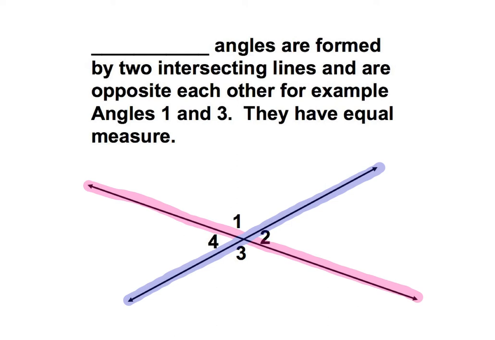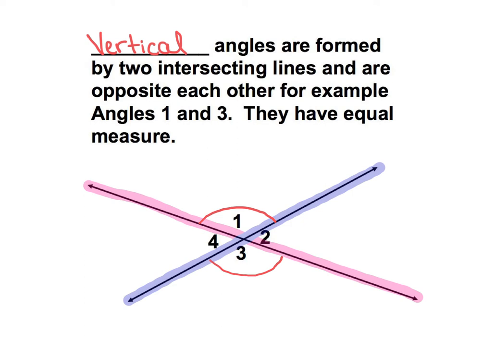Okay? And the angles opposite each other, like 1 and 3, are known as vertical angles. So 1 and 3 are vertical.